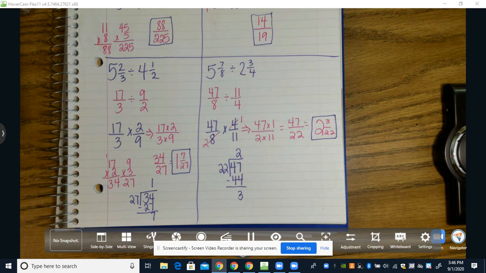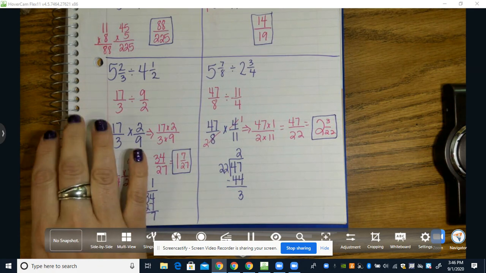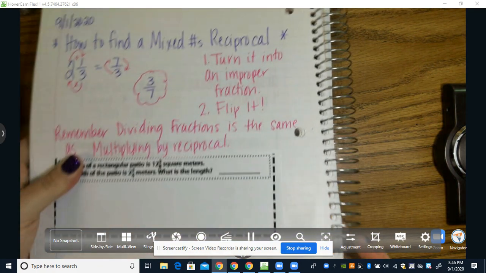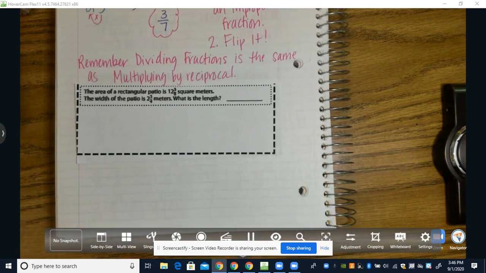All right, we're going to go to our next page, or the back page, to that word problem. And it says the area of a rectangular patio is 12 3/8 square meters. The width of the patio is 2 3/4 meters. What is the length? Well, first we've got to remember my area formulas.